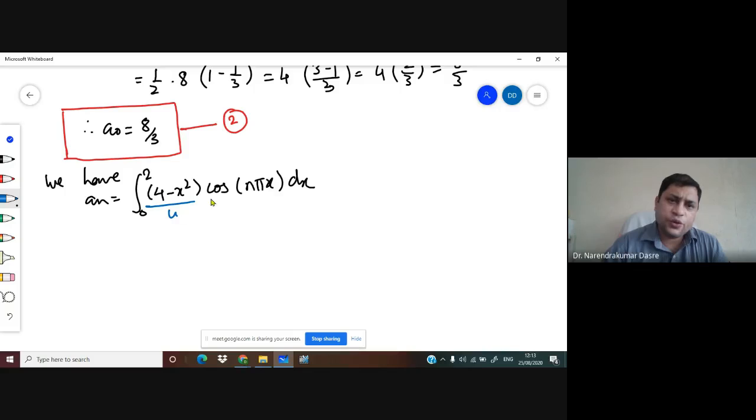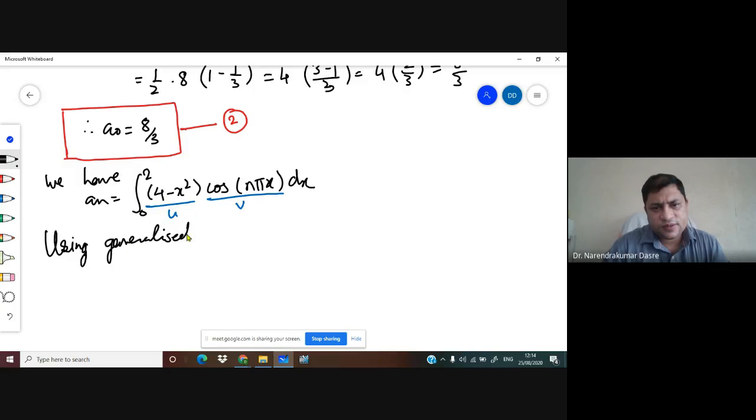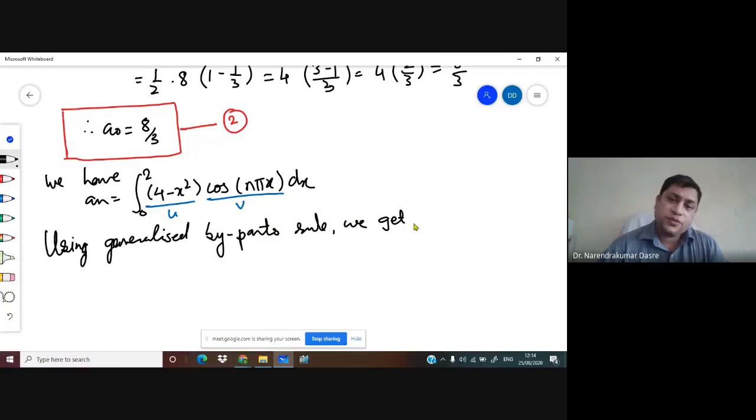Here this is going to be u, this is going to be v, and hence we have to use the u into v rule. So we can say using generalized integration by parts we get.